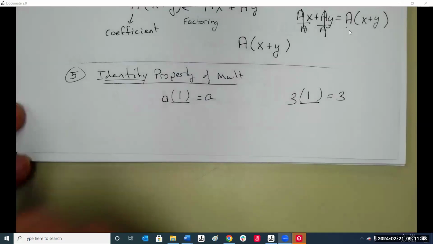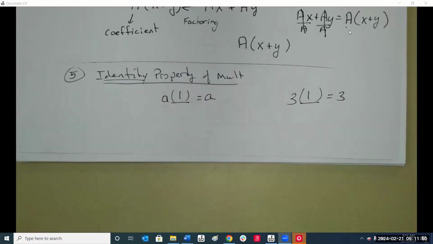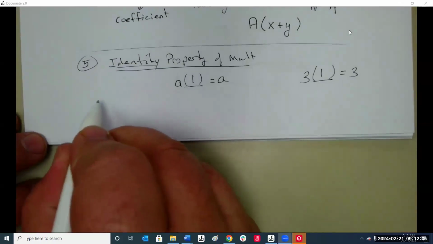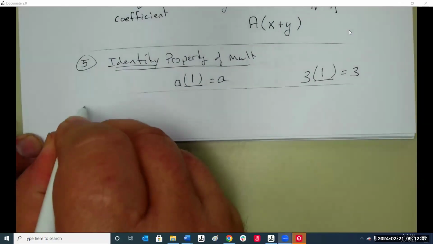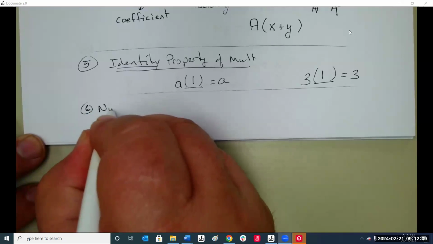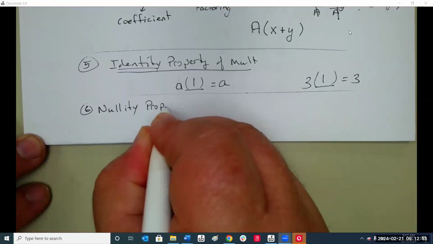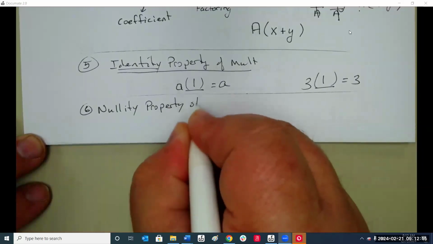It keeps its identity. And then the last one is called the nullity property of multiplication.